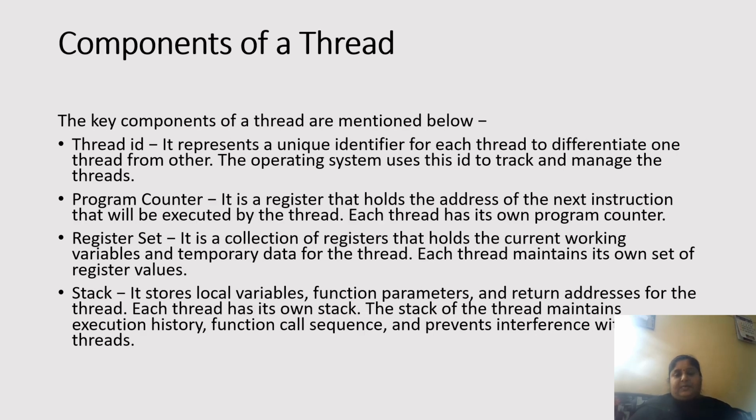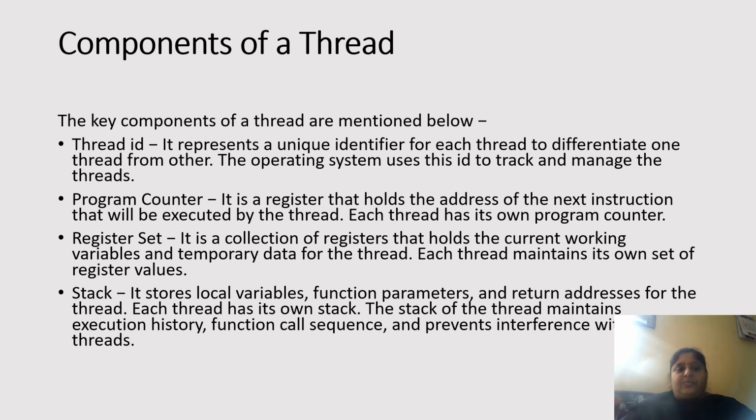Next, we are going to see the components of a thread. The key components of a thread are mentioned below. Thread ID: it represents a unique identifier for each thread to differentiate one thread from another. So each thread will have a unique ID. The operating system uses this ID to track and manage the threads.